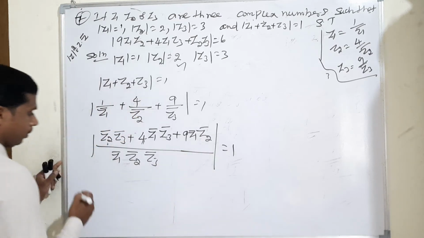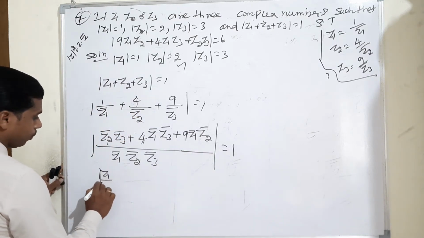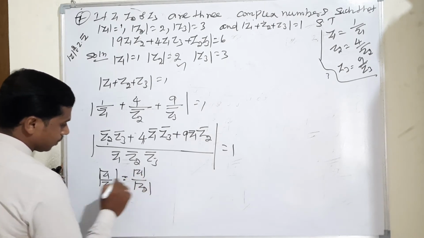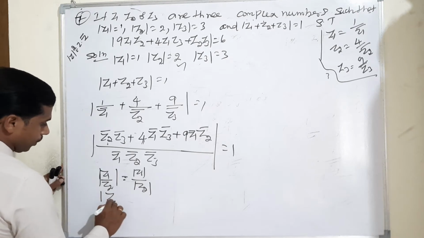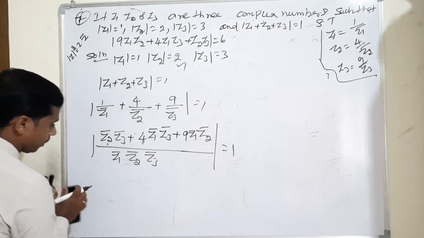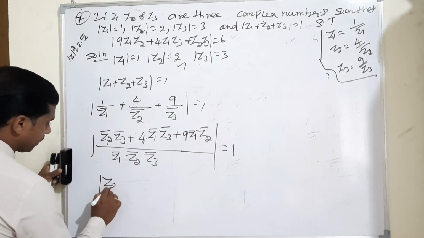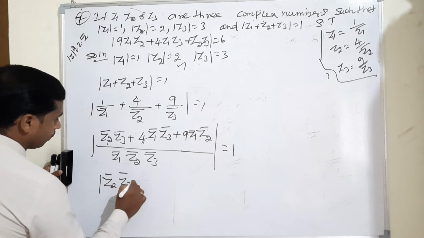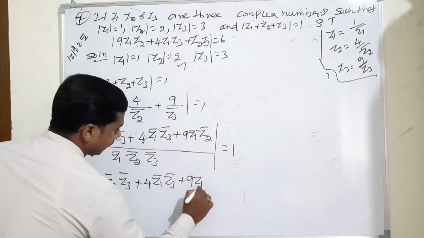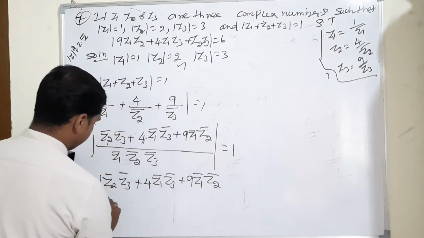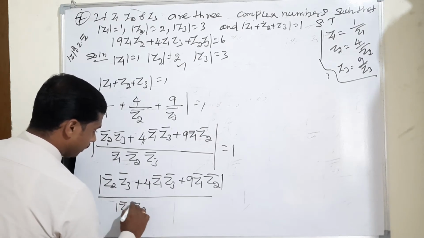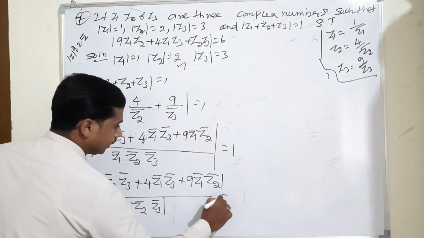Now we are applying one property: modulus of Z1 divided by Z2, we can write as separate moduli. So we get modulus of Z2 bar Z3 bar plus 4 Z1 bar Z3 bar plus 9 Z1 bar Z2 bar, divided by modulus of Z1 bar Z2 bar Z3 bar, is equal to 1.